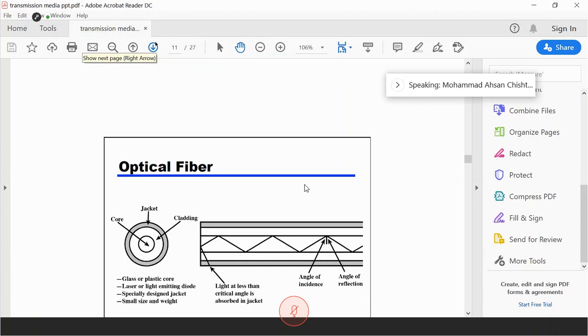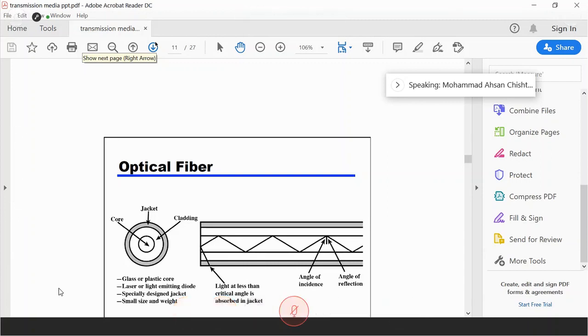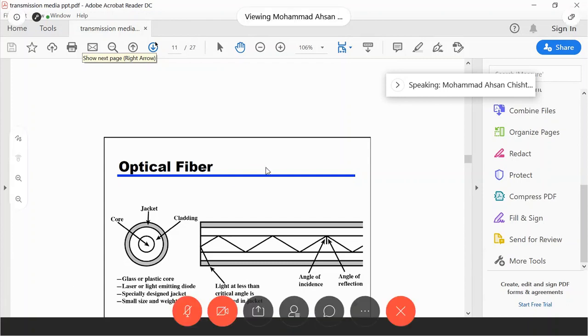You have these fibers laid across, underneath the sea, in sea trenches for several hundred kilometers together without the use of a repeater. And also, with respect to the error rate, we had previously 10 to the power of -5 per bit, to almost zero in fiber optics.